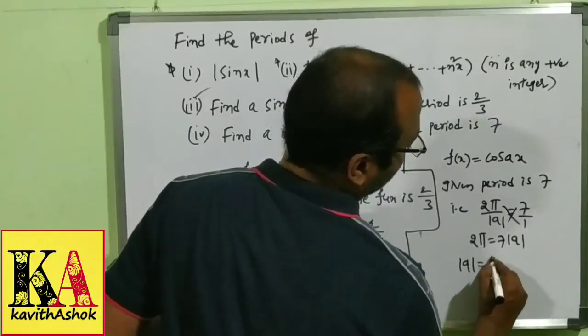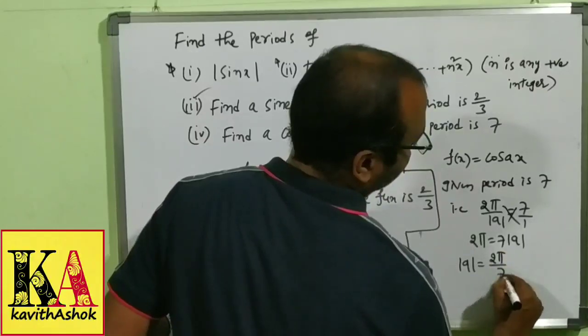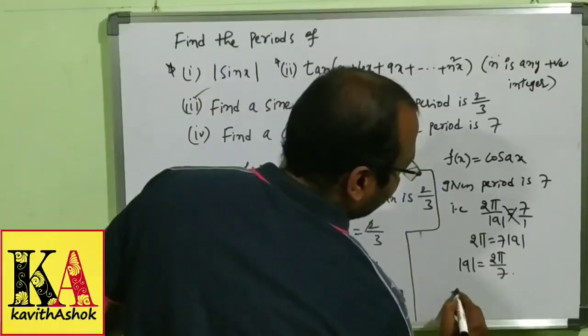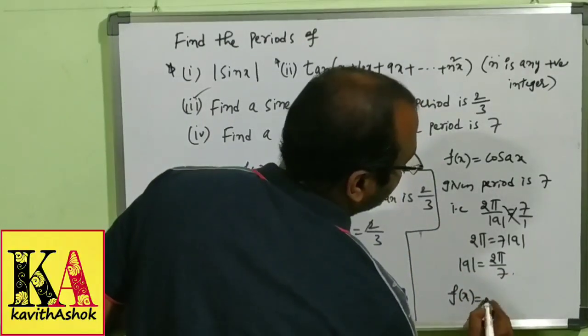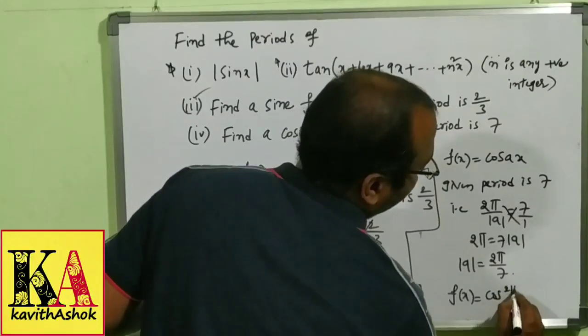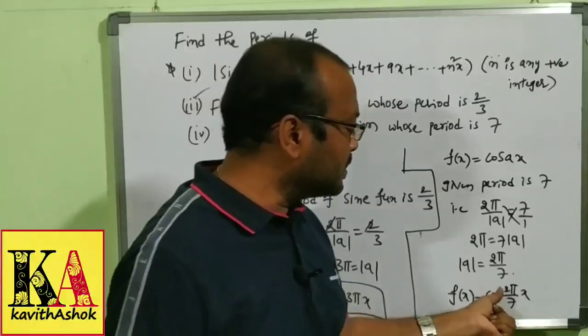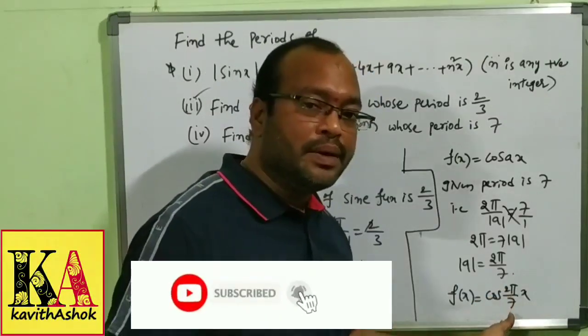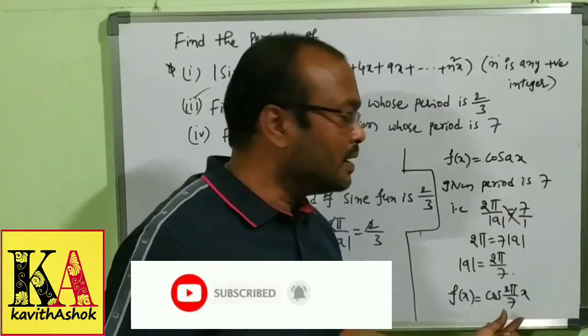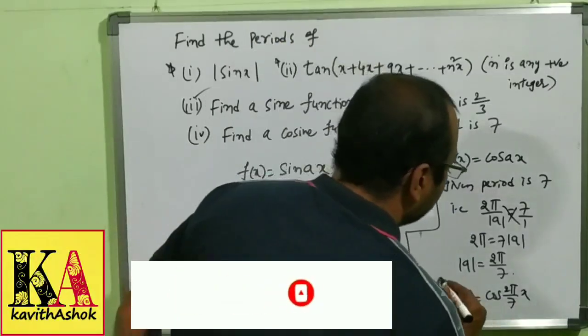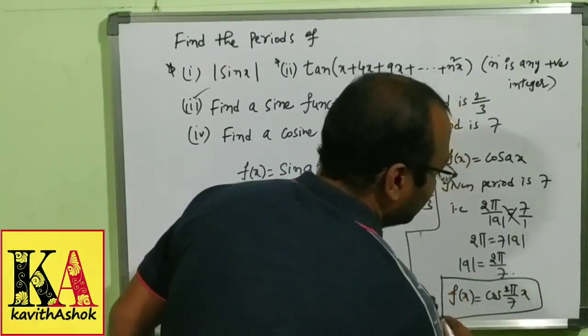Mod a is nothing but 2 pi by 7. So then our required function will be f of x is equal to cos 2 pi by 7 x. So here it will be plus 2 pi by 7 x or minus 2 pi by 7 x. We can get the same answer. Like this we can calculate the functions when the period is given.